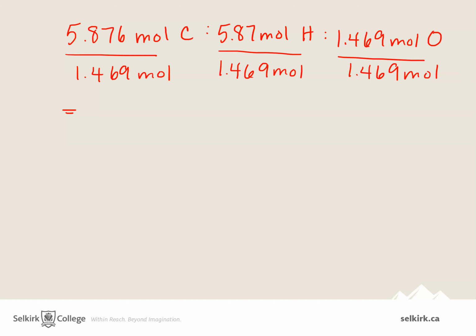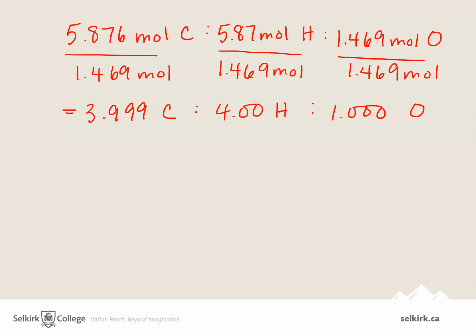So recall memory A, recall 1 for me, divided by recall 3, to the correct number of significant figures is 3.999 carbons. Recall 2 divided by recall 3, 4.00 hydrogens. And finally, of course, 1.000 oxygen.